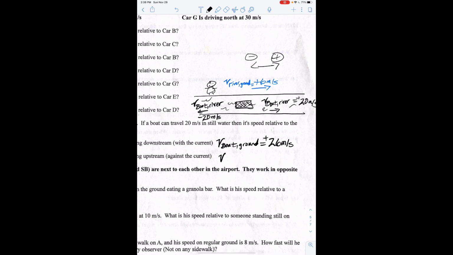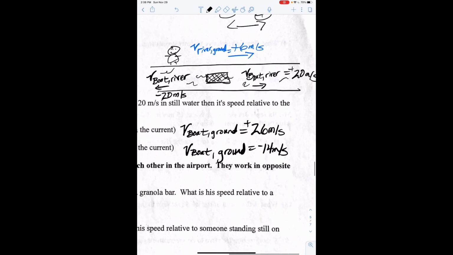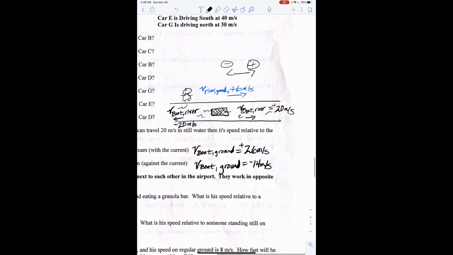We were watching this boat now go past. We would be like, the boat relative to the ground is negative 20 plus 6, so negative 14. It's still going in the negative direction, but it's not going as fast as it would if there was no current. So it's definitely going slower than it would be without a current.